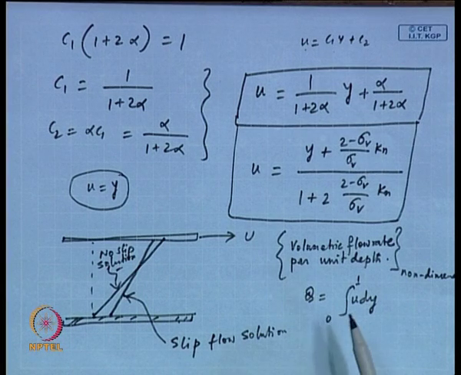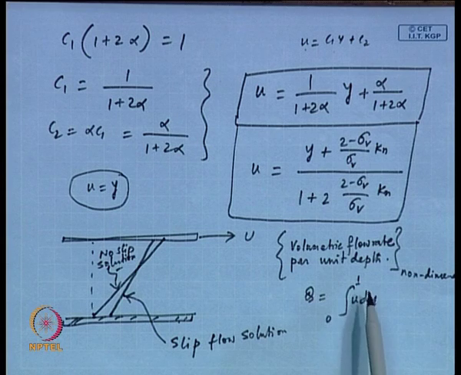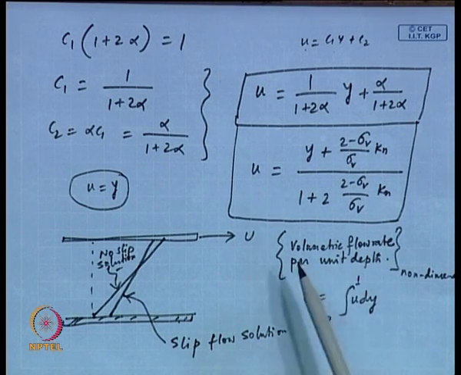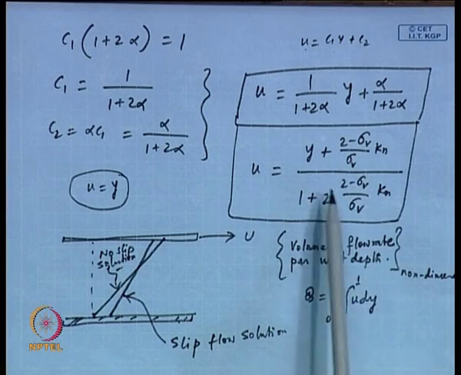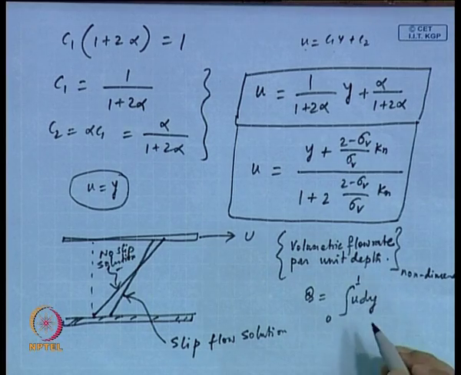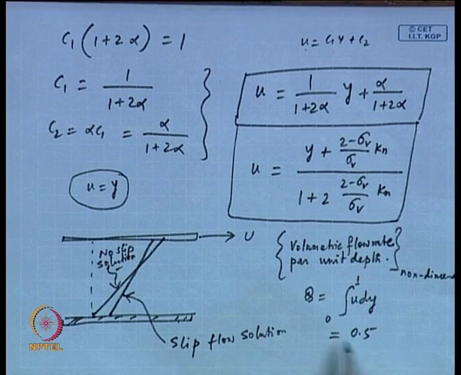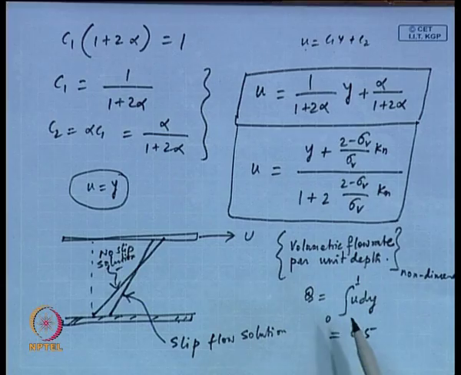And here what we find is, if you want to do it in a non-dimensional form, it would be integration of 0 to 1 u dy. Okay. Now, it would be your task when you go back after the class, integrate u dy between 0 to 1 and see that this value is equal to 0.5 and check the same thing with the continuum solution, and you will find that you get the same value for the continuum solution as well.